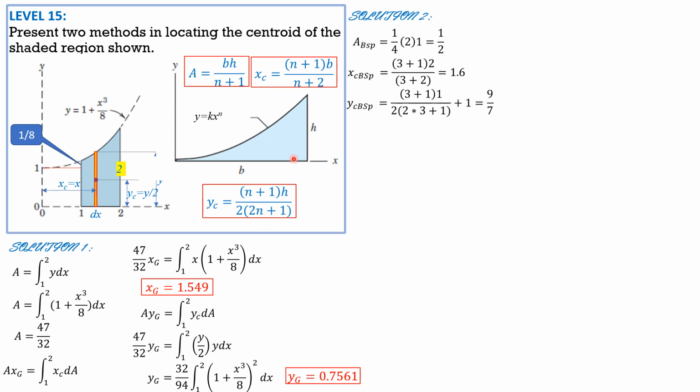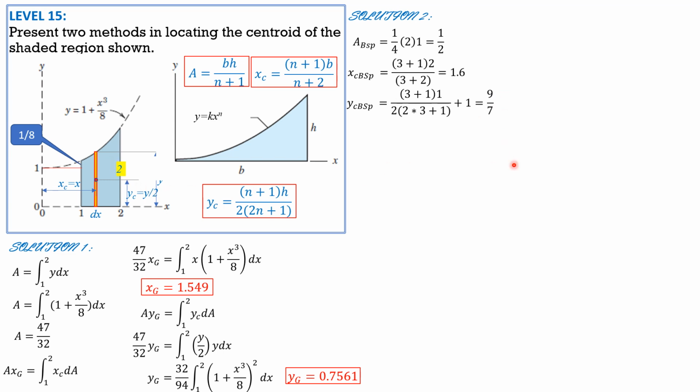And take note that the distance is from this horizontal line to the centroid. Because we refer it from the x-axis, we have to add 1. So it is 1 plus this, which is this formula here. That's why you have to add 1. So it is 9 over 7. Obviously, it is more than 1.